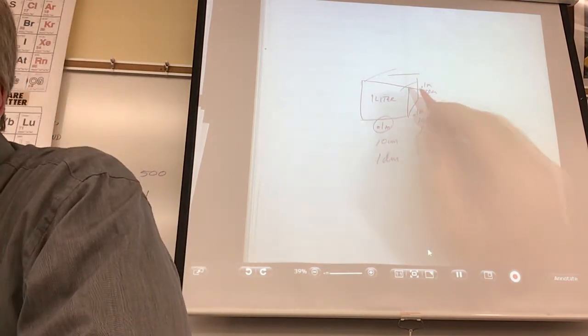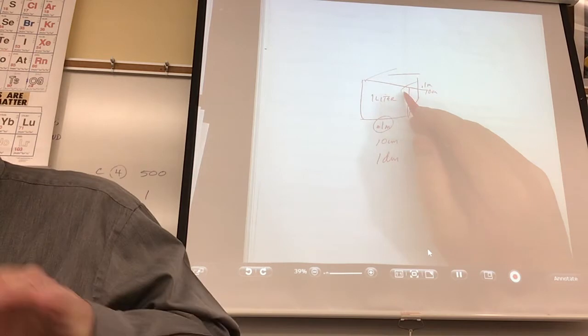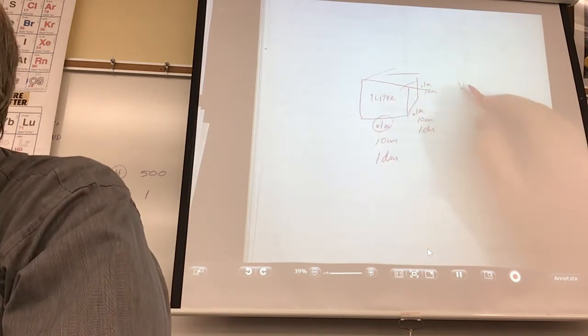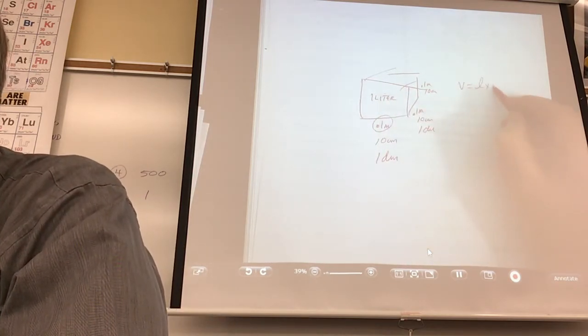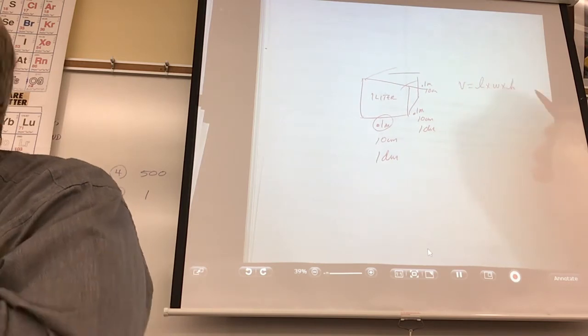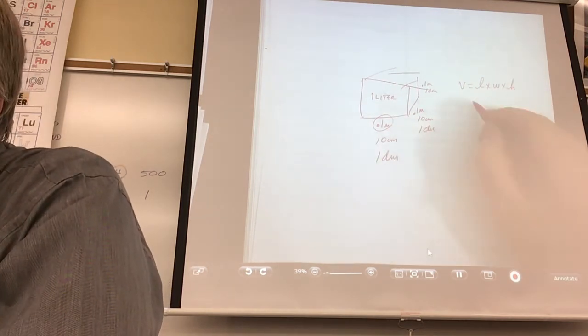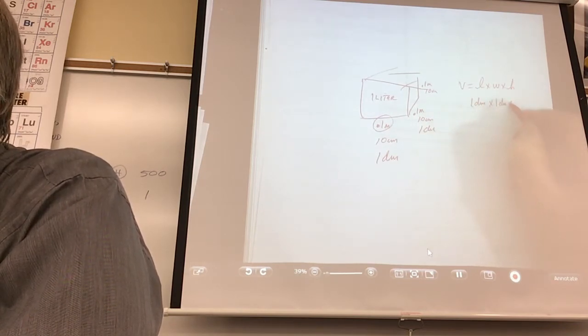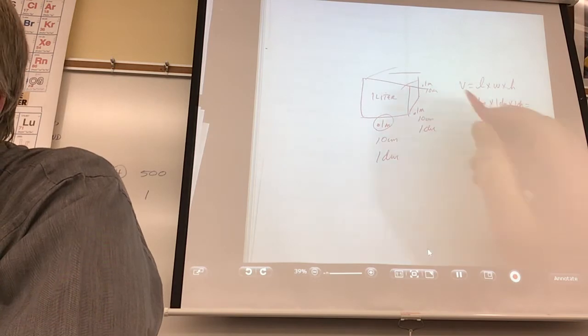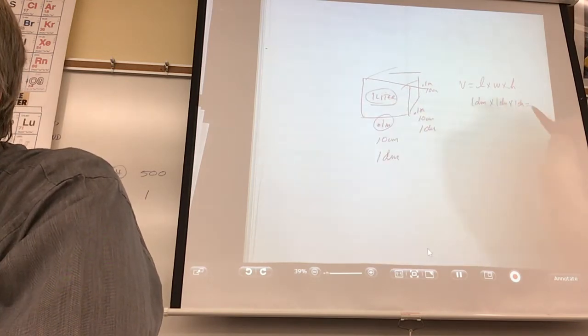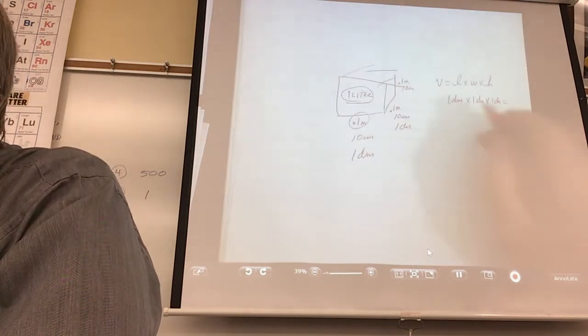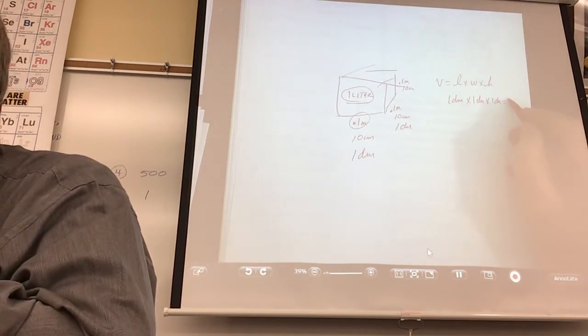So let's take a look. If you had to find the volume of an object that had 90-degree angles to it, you know that volume equals length times width times height. Is that correct? Okay, what's the length in decimeters? 1 decimeter times 1 decimeter times 1 decimeter. So you could call this a liter. You could also call it what? What's 1 times 1 times 1? 1.